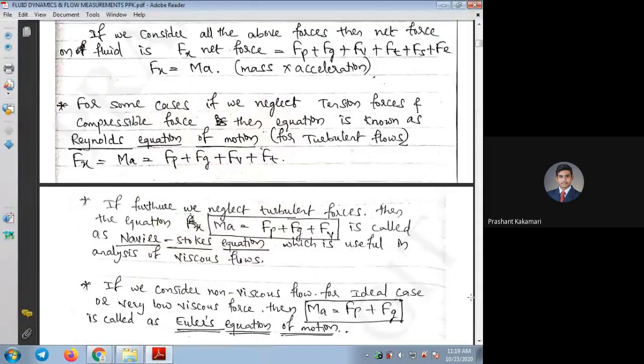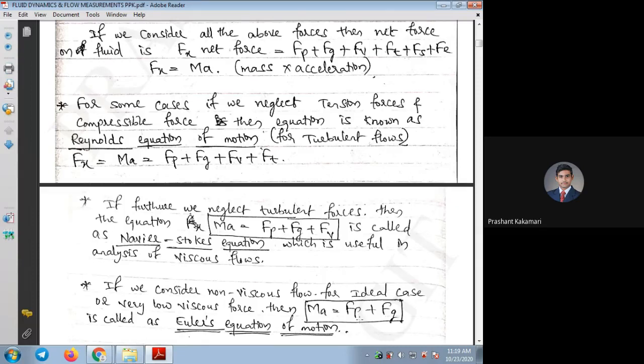Now, using only Euler's equation in our fluid dynamics, we are going to derive the equation for Euler's equation. In this equation, we are just going to analyze the force due to pressure and the force due to gravity.